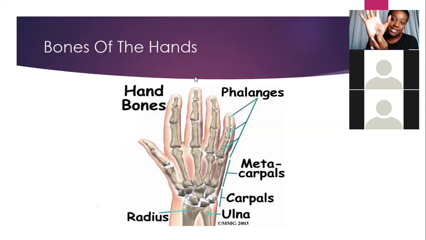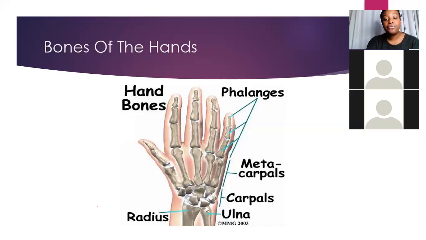So your bones start down here and go up towards your fingers. You actually have no bone in this area here, and I love that fact. You can feel each individual bone of your fingers. So when you're doing your bones of your hands, you can just start feeling your hands and thinking about where everything is.